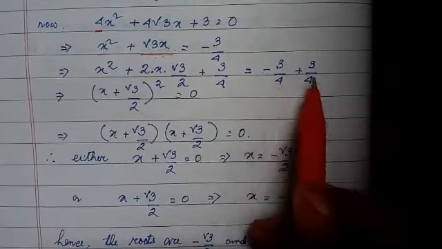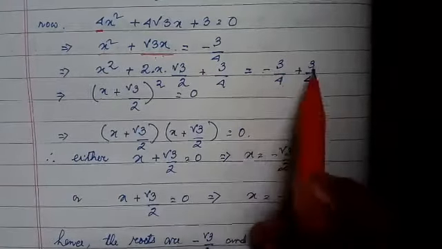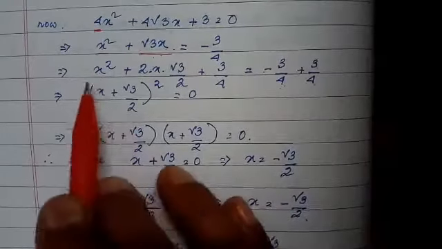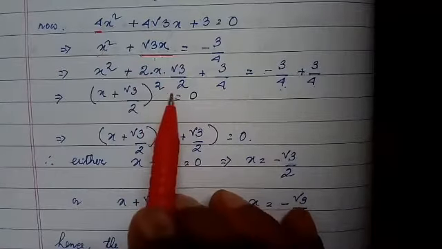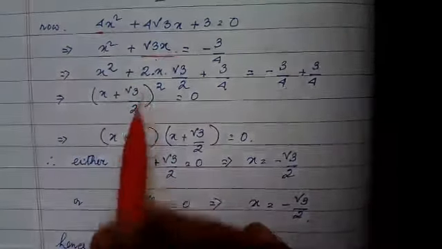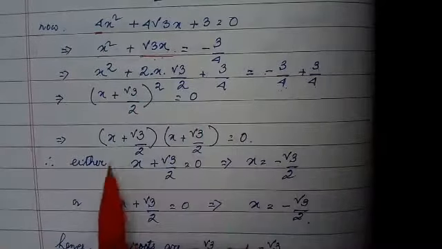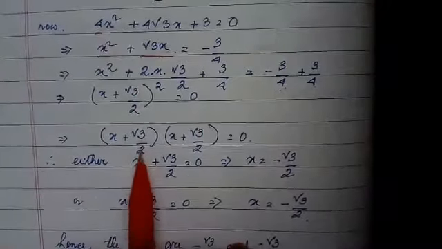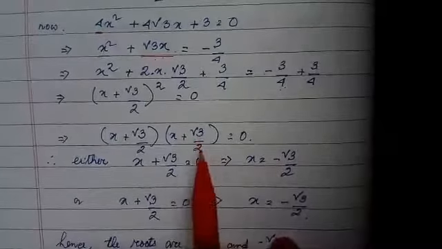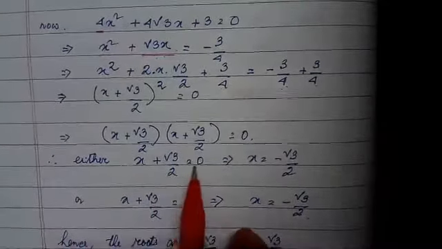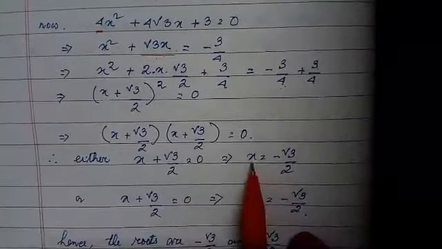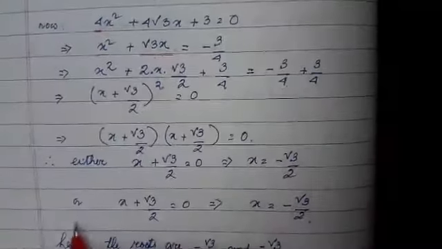Now the right hand side becomes 0 because minus 3 by 4 plus 3 by 4. Now the left hand side, a square plus 2ab plus b square, that is a plus b whole square is equal to 0. So x plus root 3 by 2 into x plus root 3 by 2 is equal to 0. There is either x plus root 3 by 2 is equal to 0, that is x is equal to minus root 3 by 2.